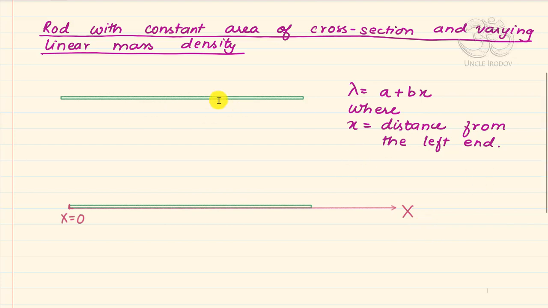If the rod has a total length L, so let me give you that variable, length of rod is L, then the rightmost end has x coordinate x equal to L. And I need to figure out the center of mass.